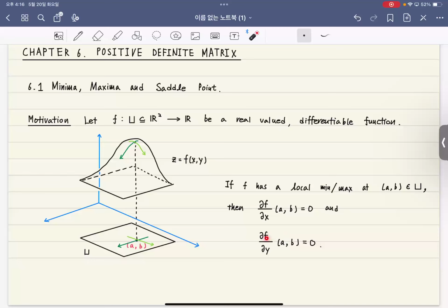Therefore, f partial y at (a, b) should be 0. Likewise, if you take a section of this graph along the plane parallel to the XZ plane, then this heavy green curve represents the curve of intersection. Clearly this curve also has a local maximum at this point. Therefore, this partial derivative also must be 0. So the point is, if you find a local maximum or local minimum, their partial derivatives equal 0.